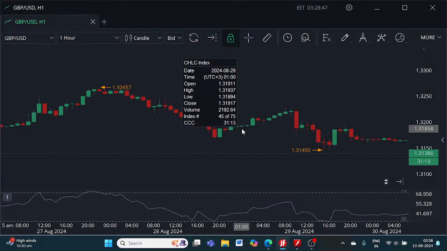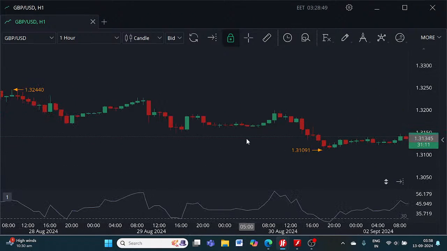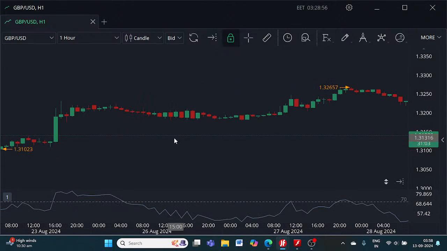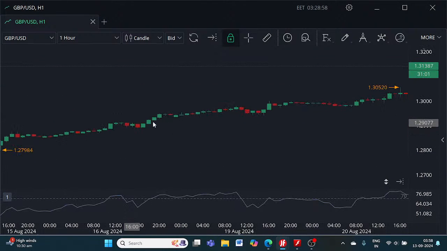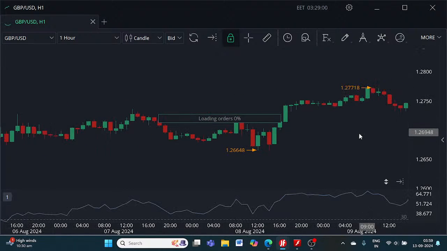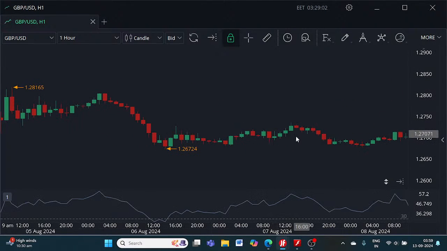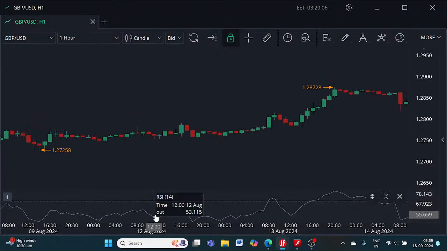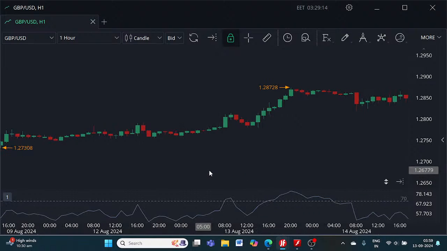All that keeps happening, the changes are there to see, and accordingly you will see those being reflected in the RSI's output as well. We had this strong bull run in the GBP in the second half of August, where we had the RSI continuously hovering close to the upper mark above 50. Most of the time it remained above 50.